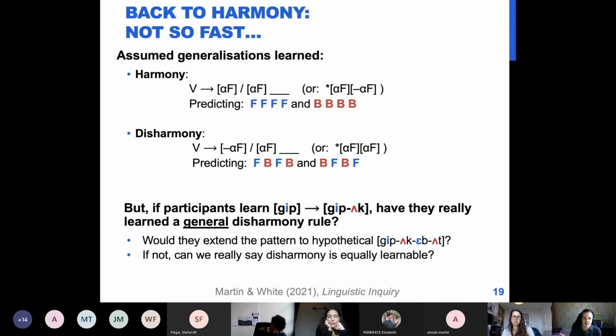Like, seeing geep geepuk, would they learn to favor a hypothetical geep uk ep ut with this alternating front back pattern? Our hunch was that no, they haven't learned that this alternating pattern is what you should have. And if not, can we really say that disharmony is equally learnable?